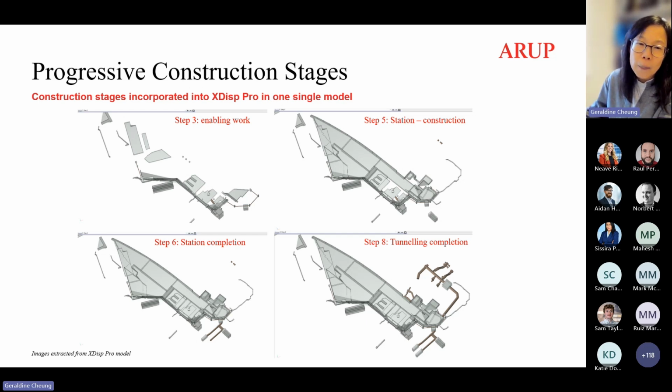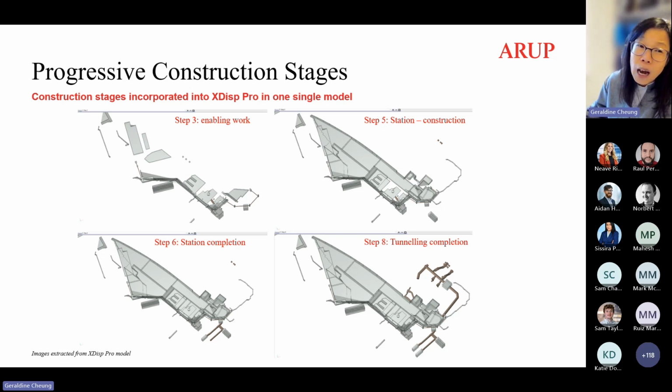For the station excavation, the ground movement curve would be one of the input data that we can put in. And in Oasys, there are some of the typical curves which will be available in the XDisp program itself.